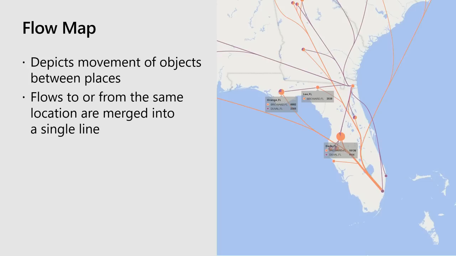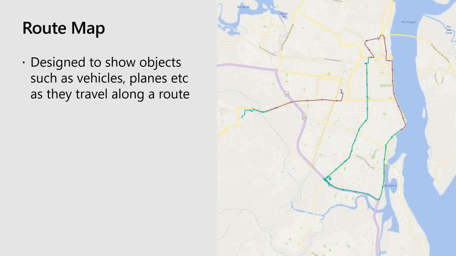So if you want to show the amount of trade, say, between one country and lots of other countries, then this is a great visual for doing that. Route map, equally, is drawing lines on the map, and it's really designed for tracking routes. So if you've got, I don't know, a fleet of vehicles and you want to show the movement of those vehicles over time, then this might be the visual for you.